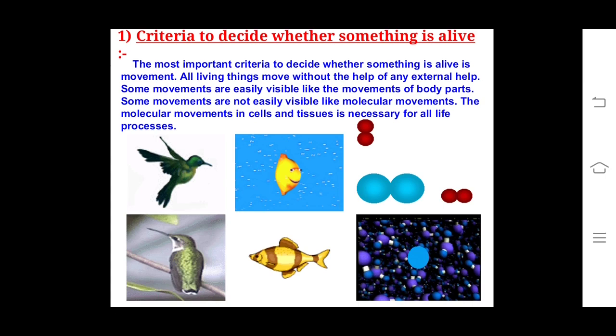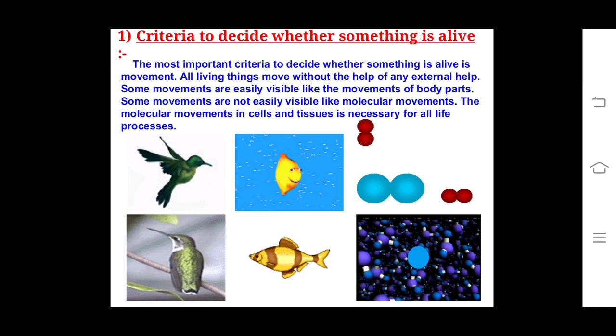And what do you mean by the word without external help? For example, a car or a fan cannot move on their own unless we switch on the electric switch or the engine, and only then can they move. So they are not living things.